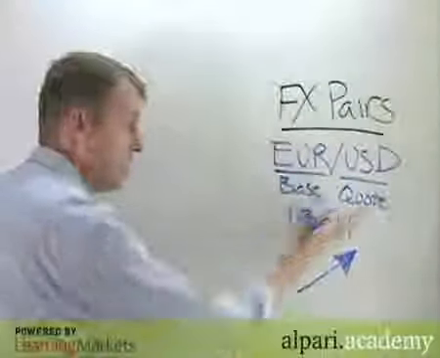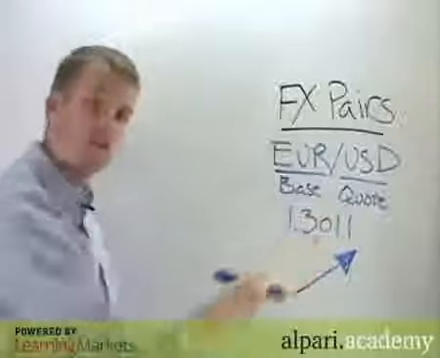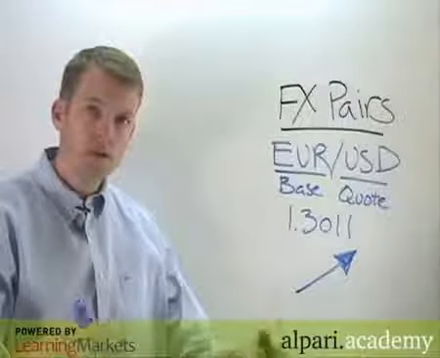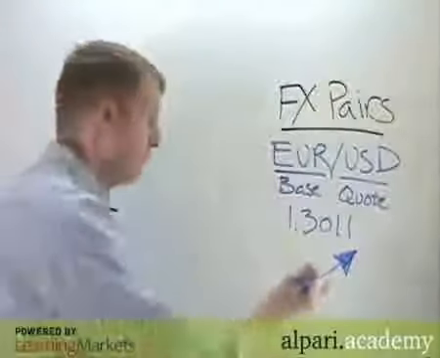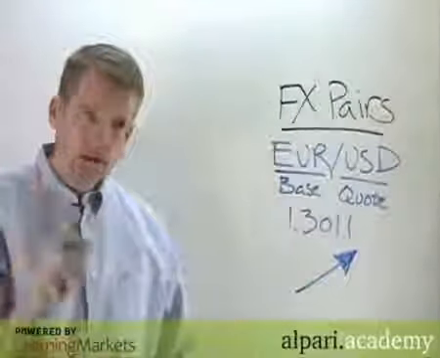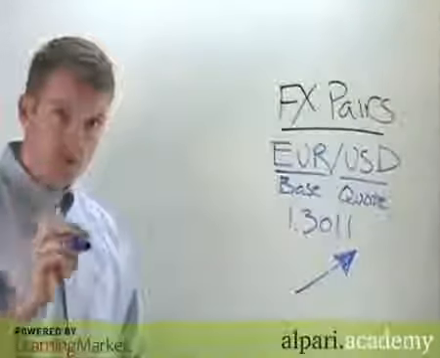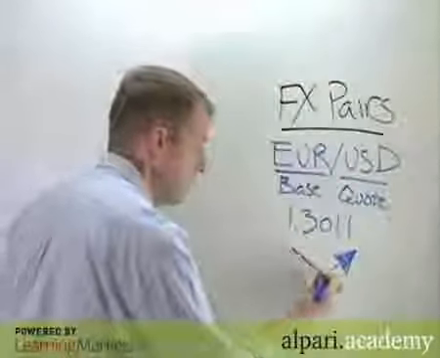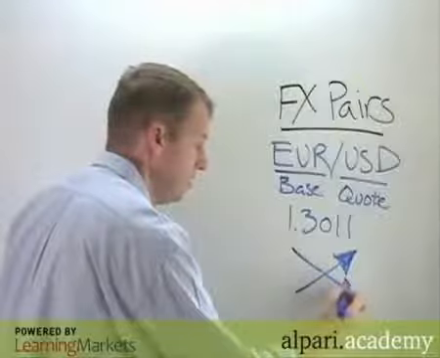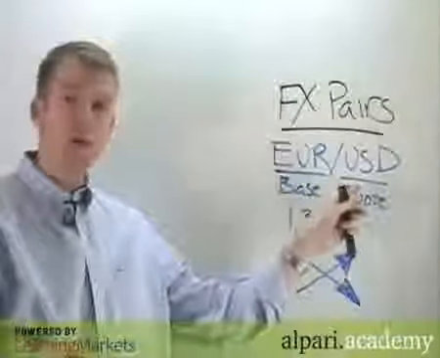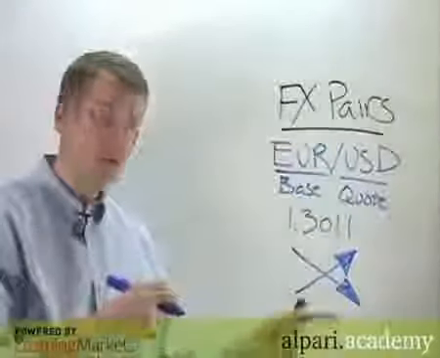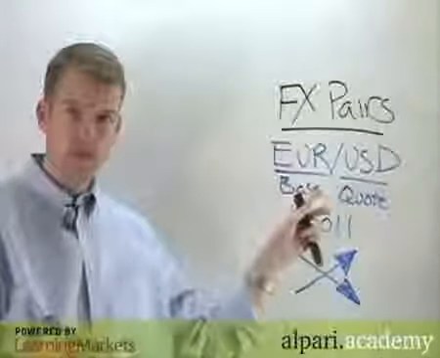Because if this exchange rate increases, it's going to start costing more dollars per euro. So it will take more of a weaker asset to buy 1 euro. Now, the exchange rates go both ways, obviously. So if the exchange rate starts to fall, essentially what we're saying is that it's going to require fewer dollars to buy a euro. So the dollar is getting stronger compared to the euro.